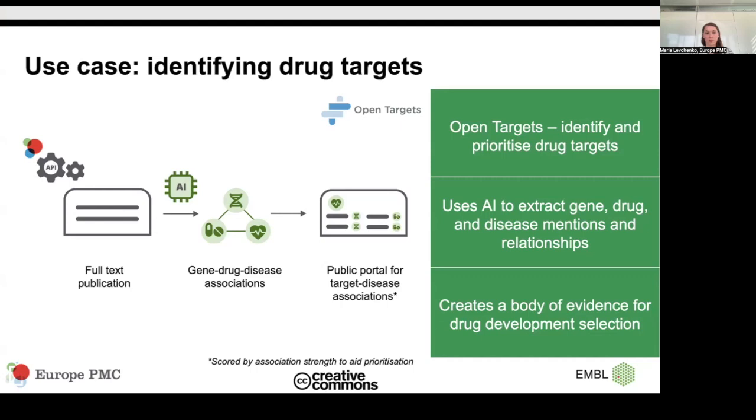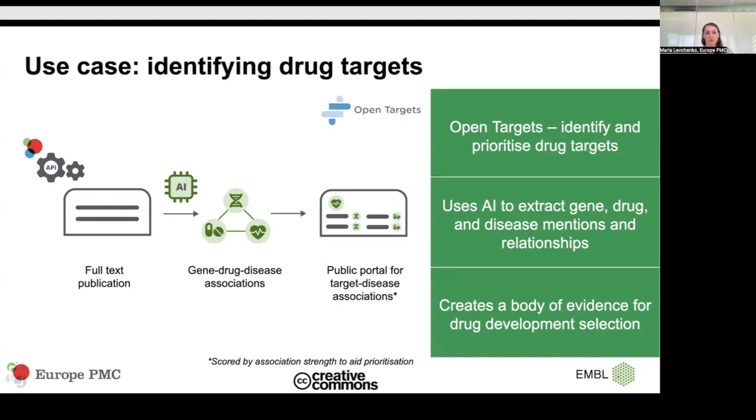And so what they're doing there, in collaboration with people in the Europe PMC team, is we're using the full text and data mining out for genes, drugs, diseases that we found using machine learning models, and then also associations. So when there are relationships between these entities.